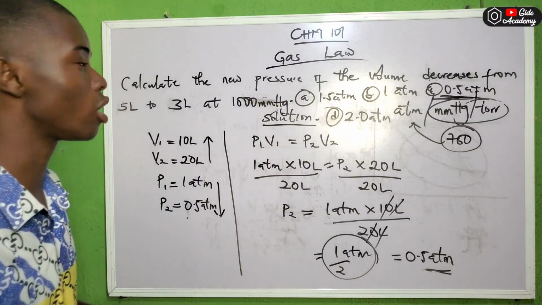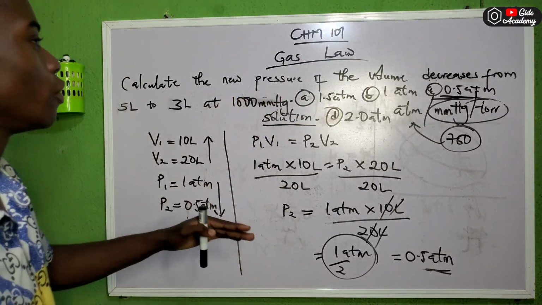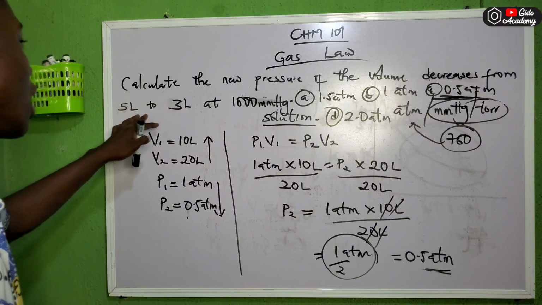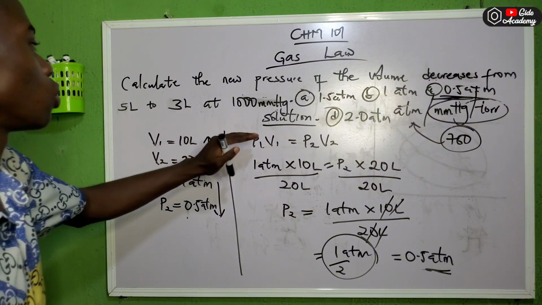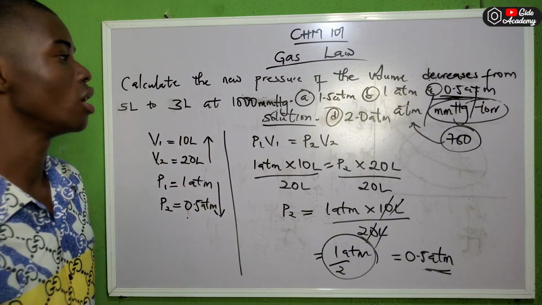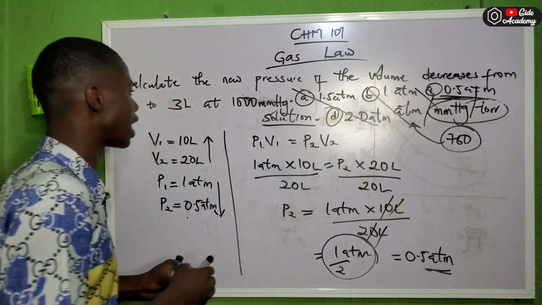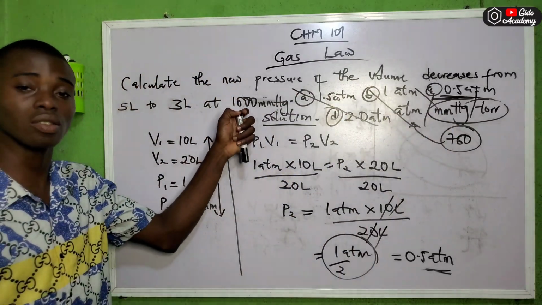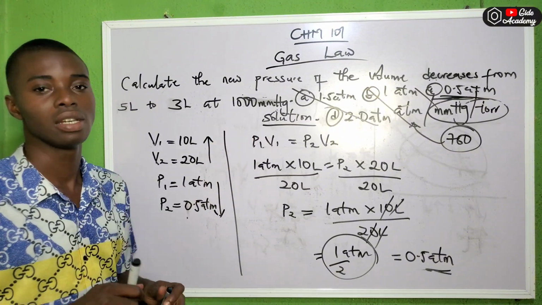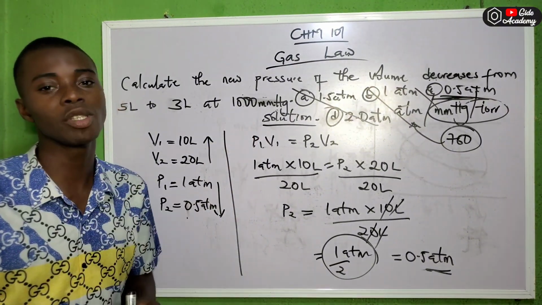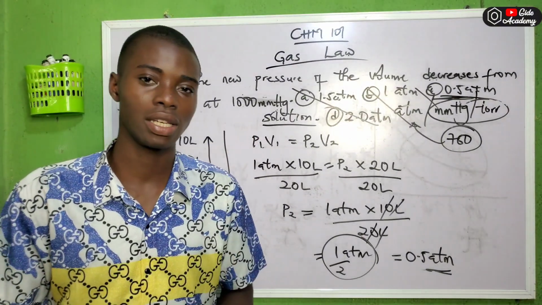Please, I want you to solve this. Calculate the new pressure if the volume decreases from 5 liter to 3 liter at 1000 millimeter of mercury. Please, the options, all of them, they are out. So will our answer be greater than 1000, or will it be less than 1000 millimeter of mercury?